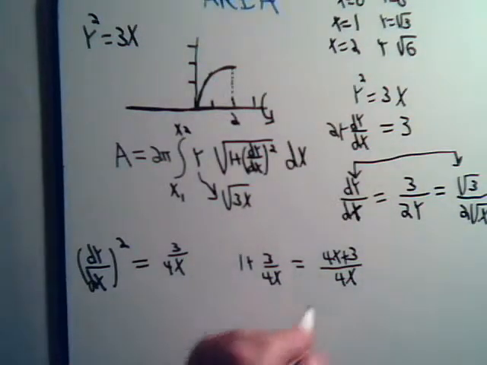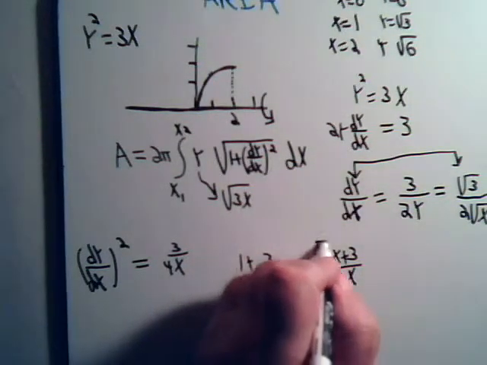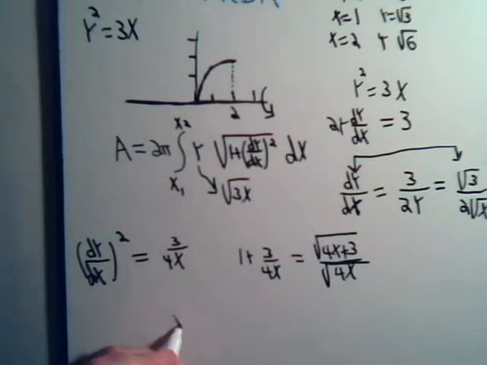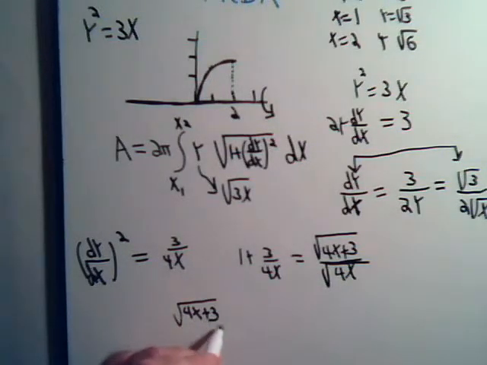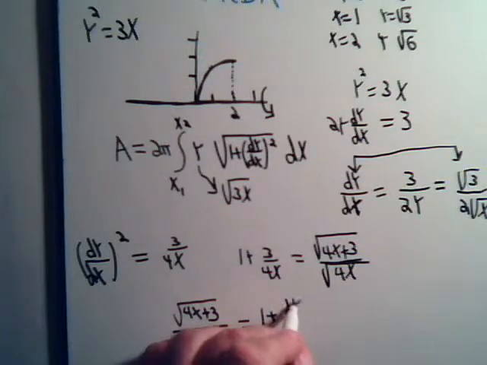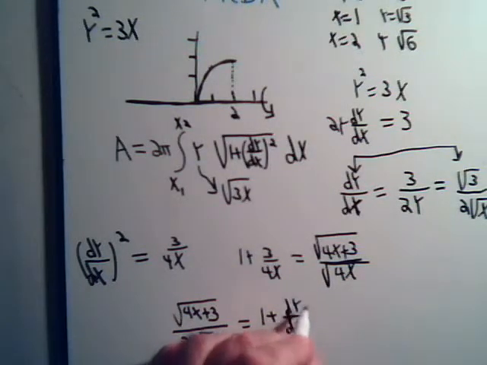So we could write it as the square root of the numerator divided by the square root of the denominator, which is equal to the square root of 4x plus 3 divided by 2 times the square root of x. So this equals the square root of 1 plus dy dx squared.